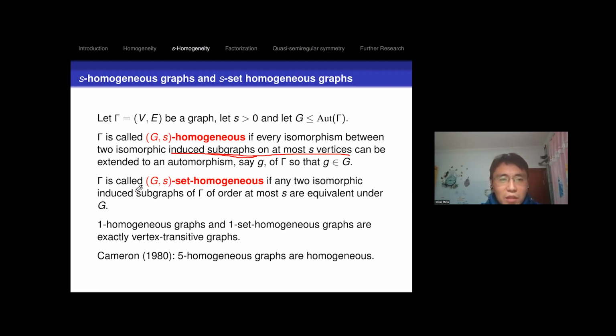Similarly, the graph gamma is called G-s-set homogeneous if any two isomorphic induced subgraphs of gamma of order at most s are equivalent under G. Here we also require the induced subgraph has order at most s.